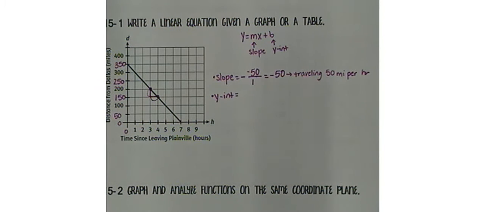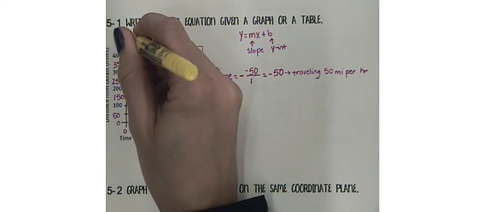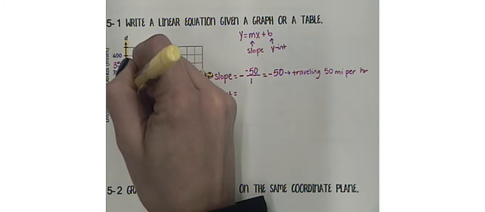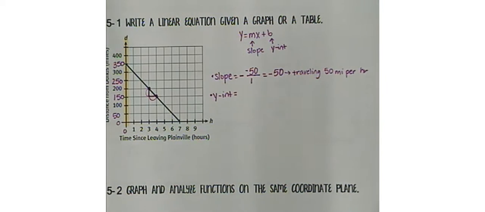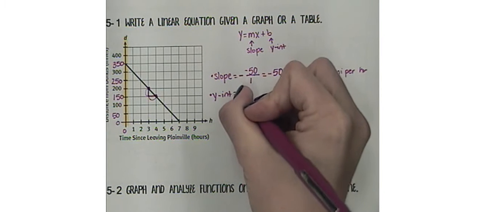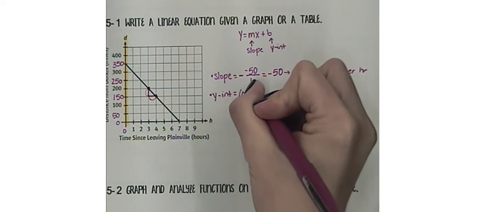And we need to look along our y-axis, or in this case, it's labeled a d-axis. So we're looking where our graph intersects. And it's up at 0, 350.